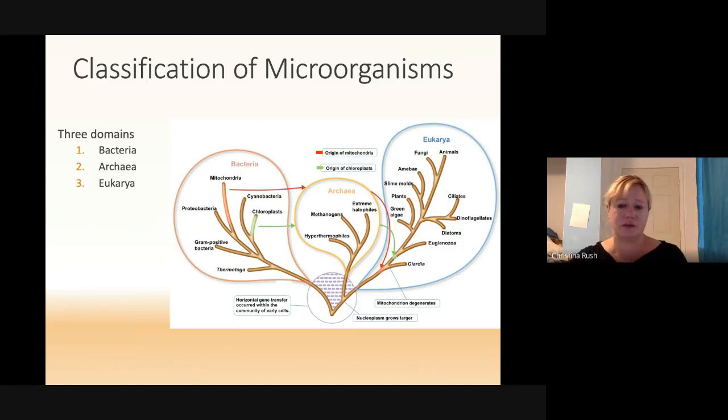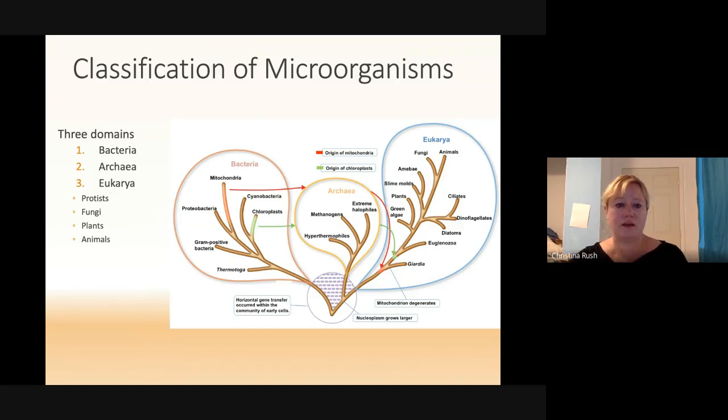It's the first to derive on our planet. And then we have the development of archaea and eukarya following that. These arrows are indicating a cross-transfer of genes in which we have the origin of mitochondria and the origin of chloroplasts.